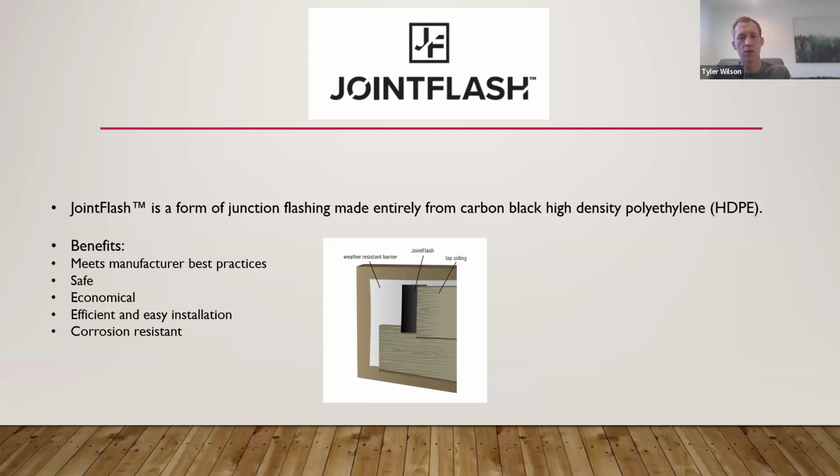So really what it is, it's essentially a plastic piece that goes behind that butt joint. Where two pieces of lap come together, the question is, what is done at that joint? So JointFlash provides a real solution to a real problem.